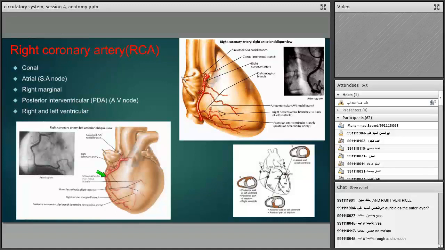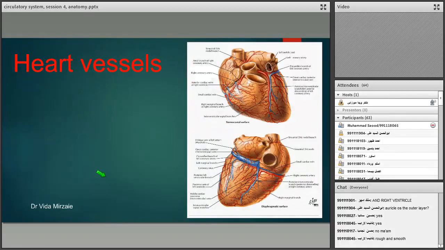Now, if we want to see the second segment of the right coronary artery, we have to turn the heart, look at here, like this, and take a look at the inferior surface of the heart.